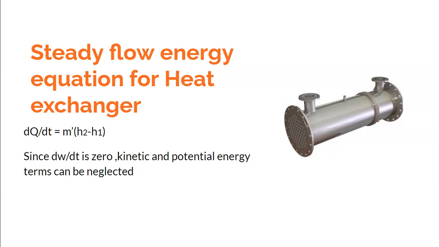And why is that so? Because in the heat exchanger, the work transfer dW/dt is zero, the changes in kinetic and potential energies can be conveniently neglected, and we get a powerful equation in the form of dQ/dt as m dot delta h. So remember this expression for the heat exchanger.